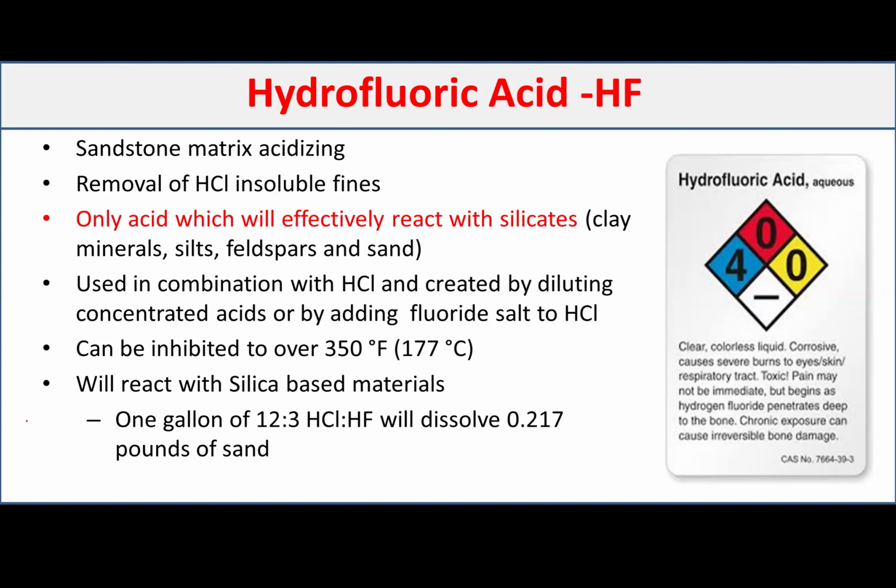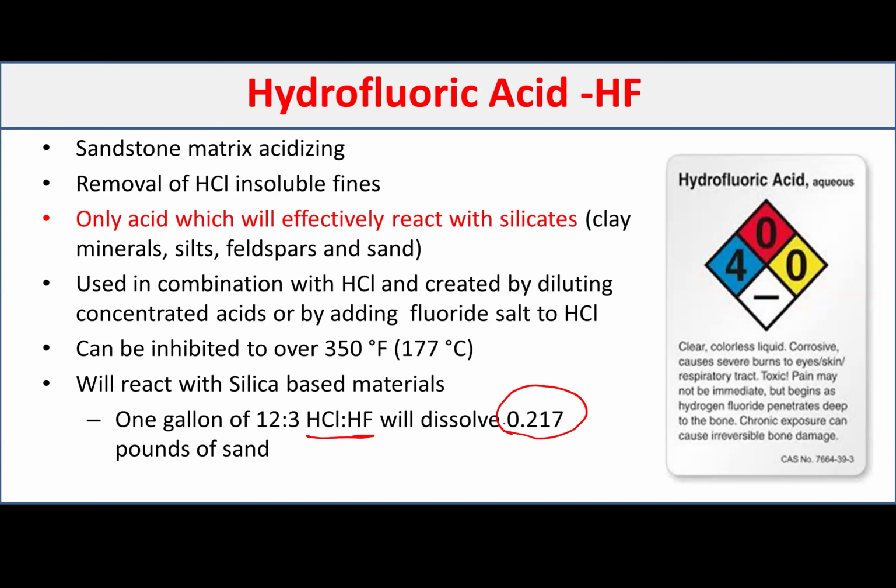And when we are bumping HF as a system, we typically bump it in combination with HCl. We do not bump it alone, and I will talk about this in the next slide. But just to highlight, if you have 1 gallon of HCl-HF system, it will only dissolve 0.217 pound of sand. Remember, 1 gallon of 15% HCl in carbonate dissolves 1.8 pounds.